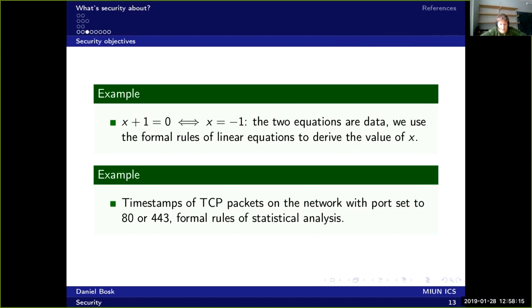So for instance, if it's in the middle of the night and we have these packets coming over the network, that implies that someone is not sleeping. Well, it depends on the type of traffic, but you can infer things like that. So then the data is simply timestamps on TCP packets, and the information is actually that someone is awake and not asleep.